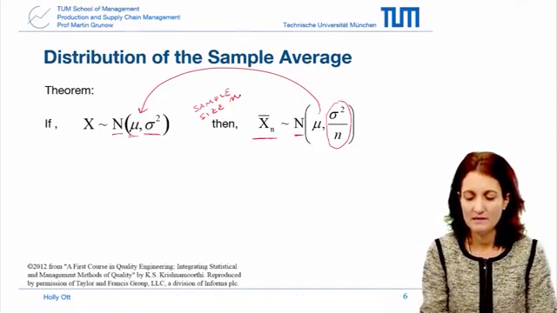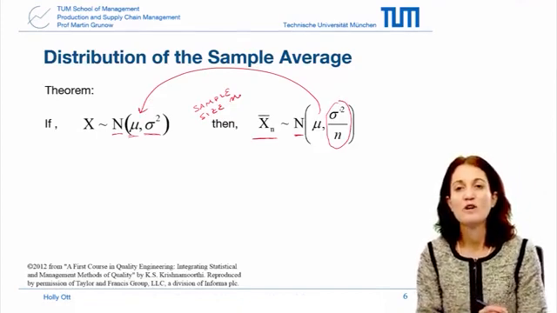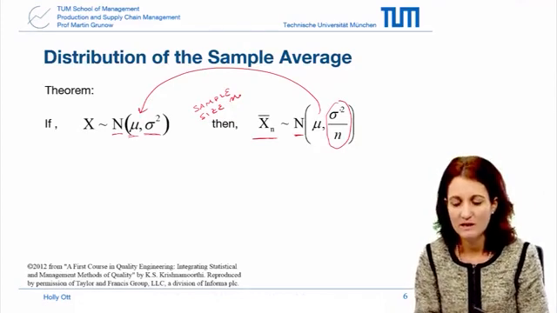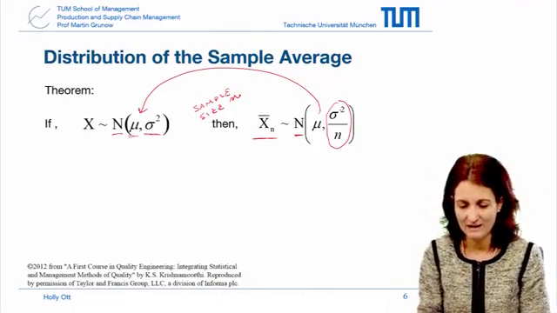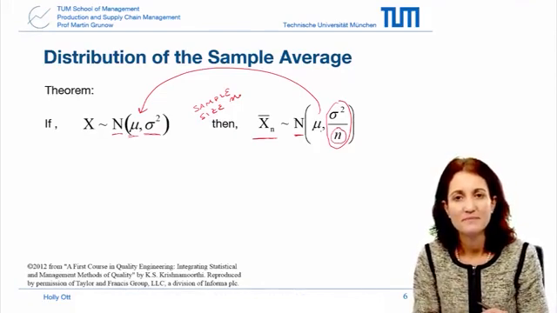But the variance is equal to the population variance, sigma squared, divided by n, where n is the sample size.